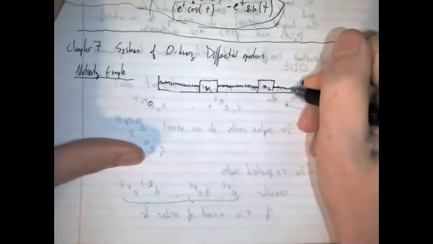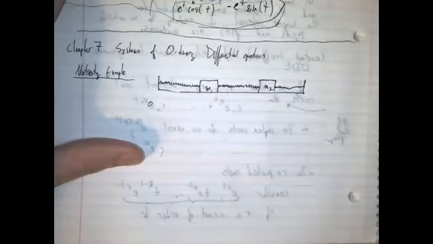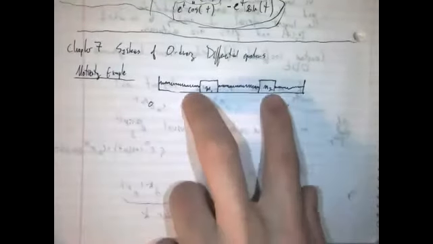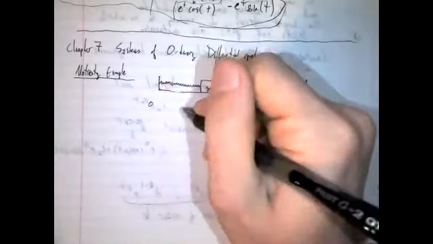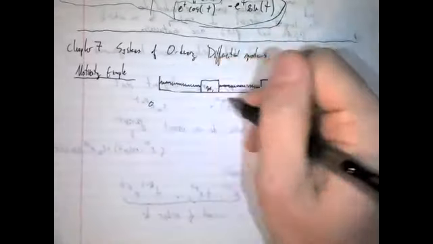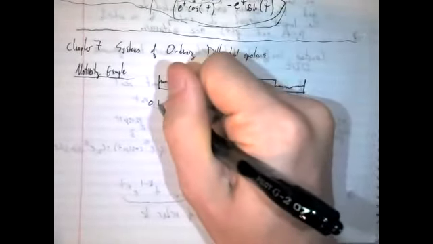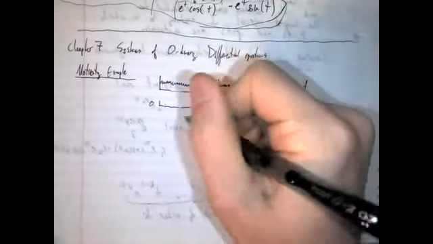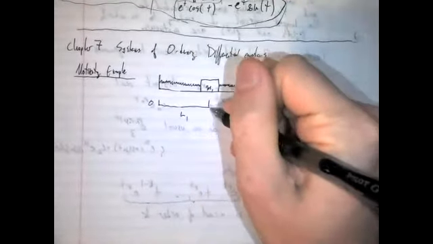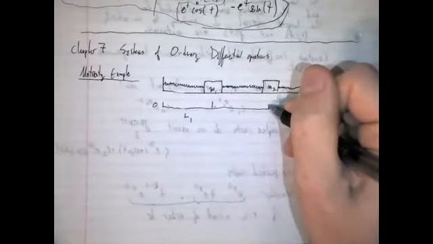Then the two masses are connected by a spring, and then M2 is connected to the far wall by a spring. And there's going to be some rest position of this system where nothing is moving. And I'm going to denote that distance to M1 as L1. So this is L1. I'll call this distance L2.